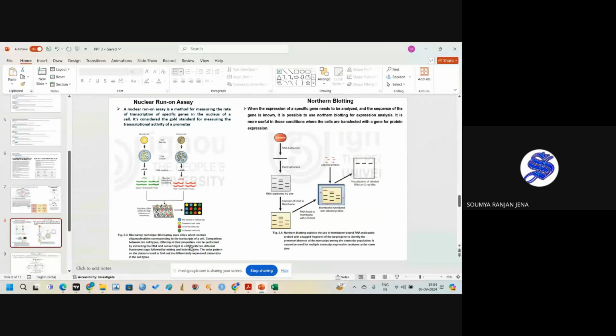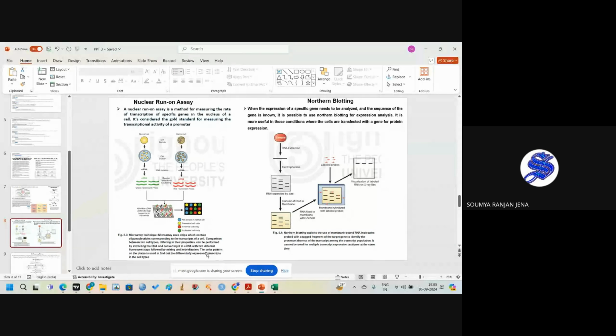This microarray uses a chip which contains oligonucleotides corresponding to the transcripts of a cell, and this comparison between two cell types differing in their properties can be performed by extracting the RNA and converting it to cDNA with two different fluorescence tags, followed by mixing and hybridization. This color pattern on the plates is used to find out the differentially expressed transcripts in the cell types.